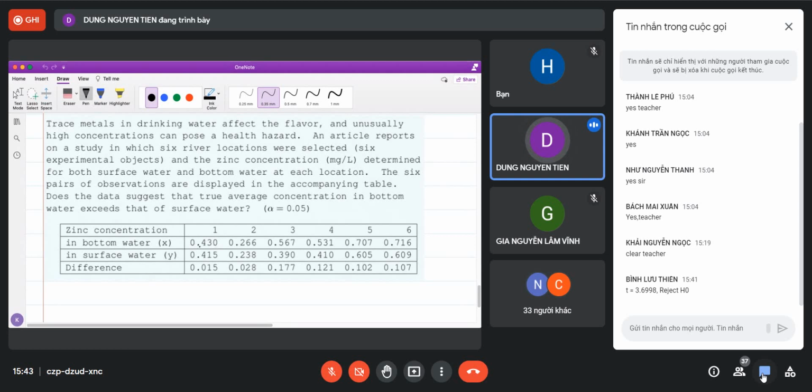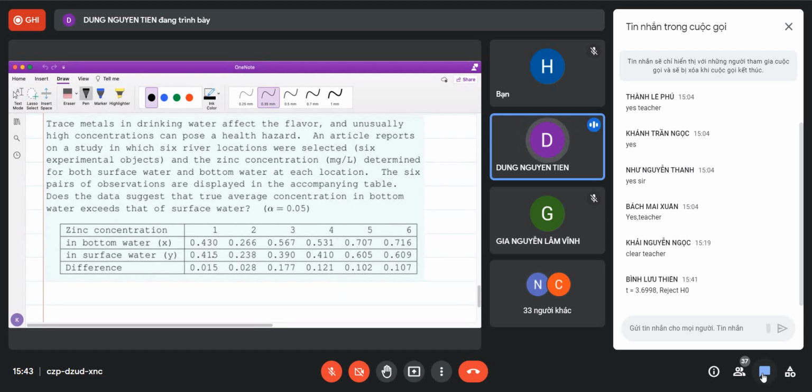Because if the zinc concentration in surface water is high, then it is likely that the concentration in bottom water is also high. Okay, so the two samples here are dependent. And if they are dependent, then you need to have a look at the difference between them, right?